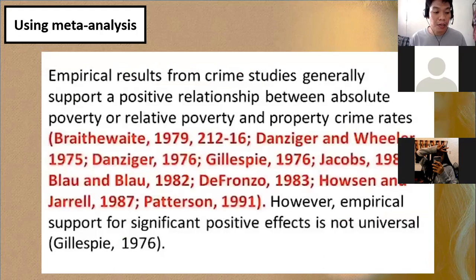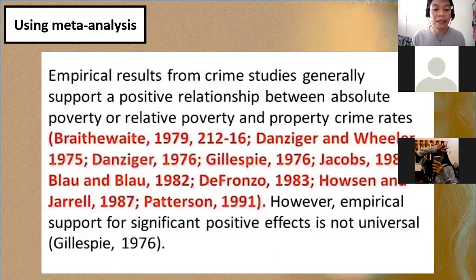Using meta-analysis. When we say meta-analysis, you need to synthesize all the statements, all the findings of the experts. So you analyze their works and write your own understanding about the reading. You need to make sure that the gravity of their statement is still the same, meaning the meaning being implied or stated by the authors should be the same when you synthesize your own understanding.